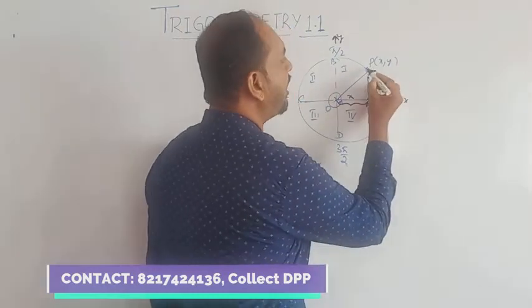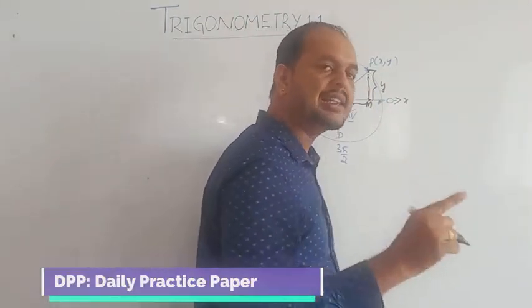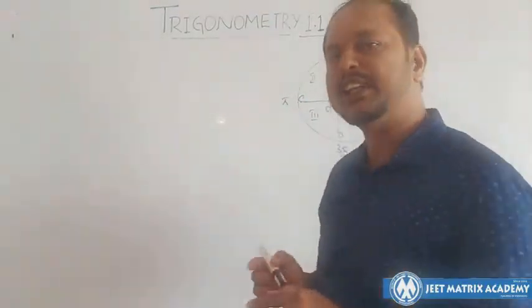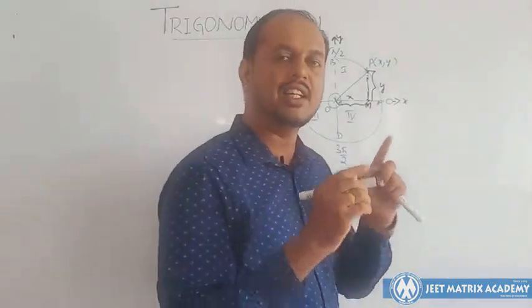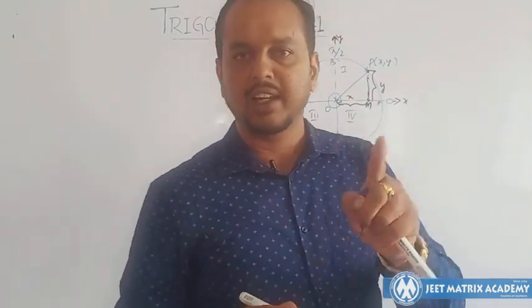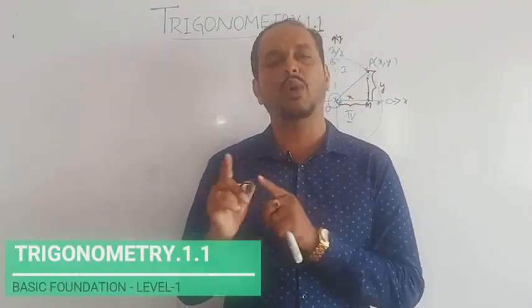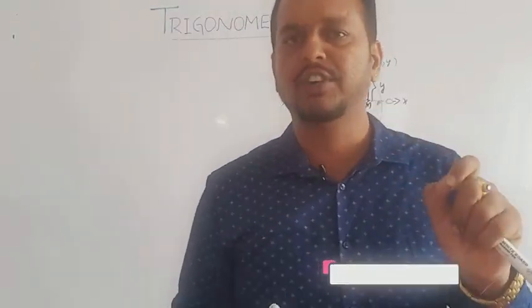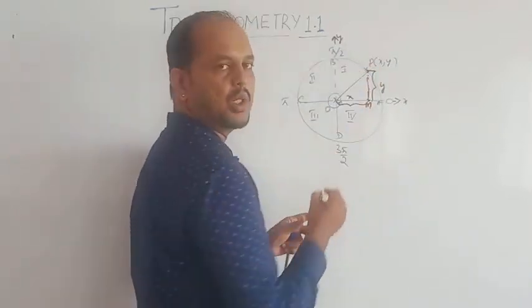So this point I'll consider as P of x comma y. If both x and y are positive, then we can directly say your point is lying in the first quadrant. That is the most important basic understanding in trigonometry. Again I'll repeat, if x is positive and y is positive, then the point stands in the first quadrant, always between 0 to 90.